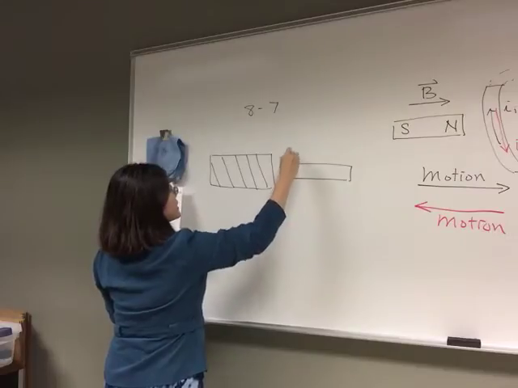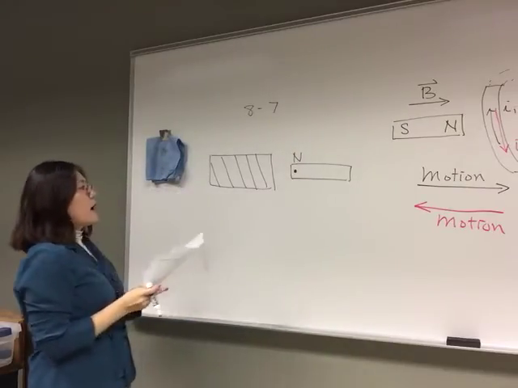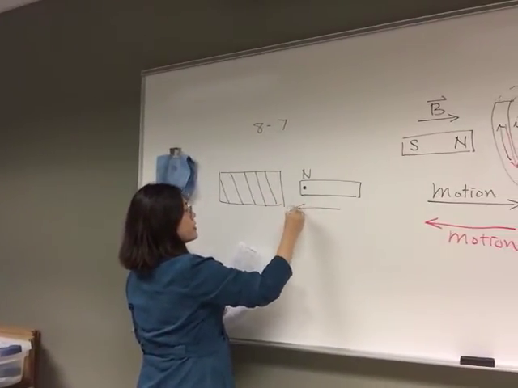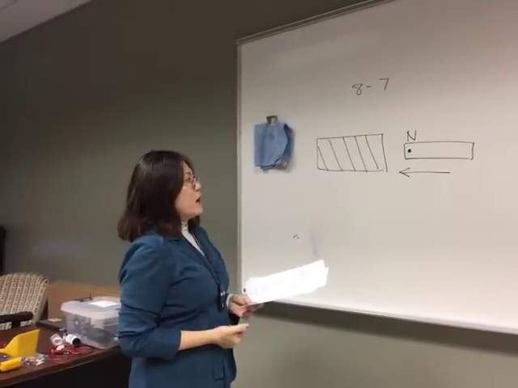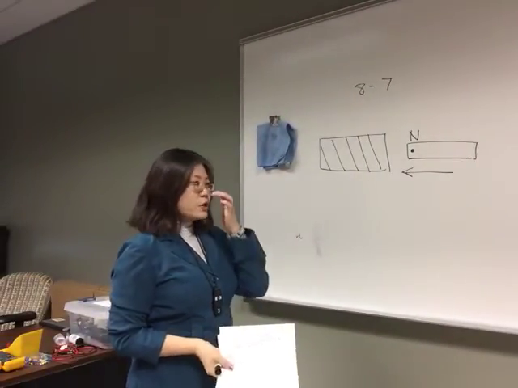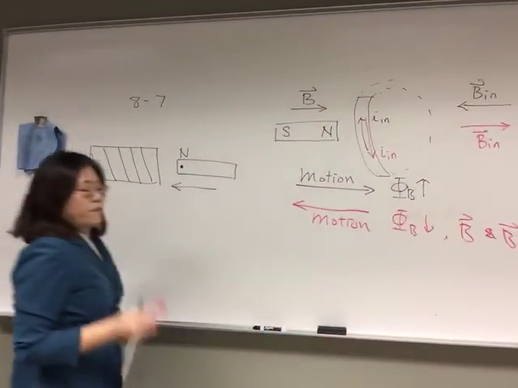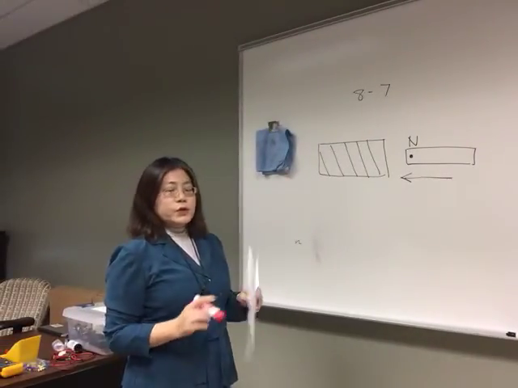The white dot indicates the north pole. The motion of the bar magnet is into the solenoid. You're asked to identify the direction of the induced current, the direction of the induced magnetic field, and so forth. The items written in red are the ones I'm asking you to do.